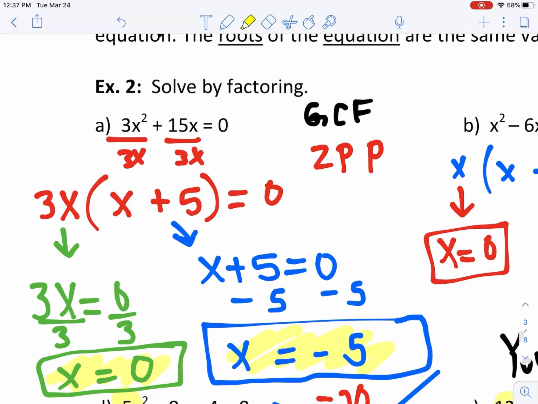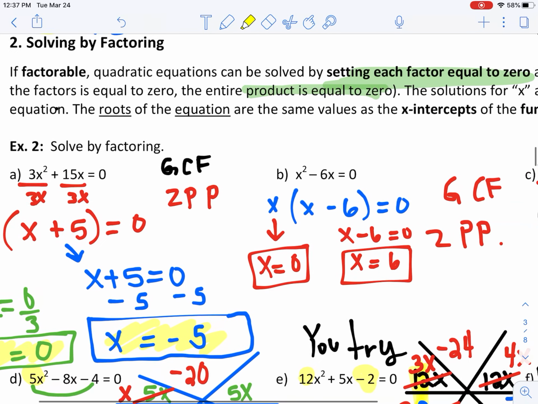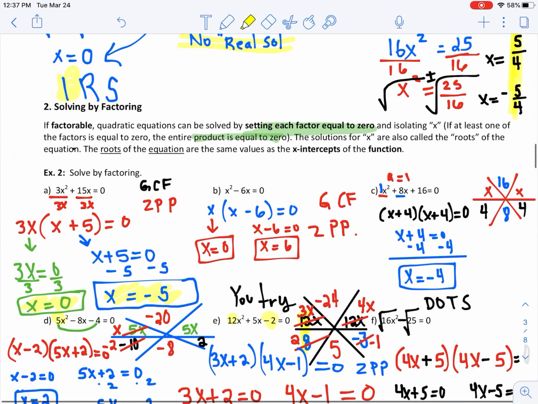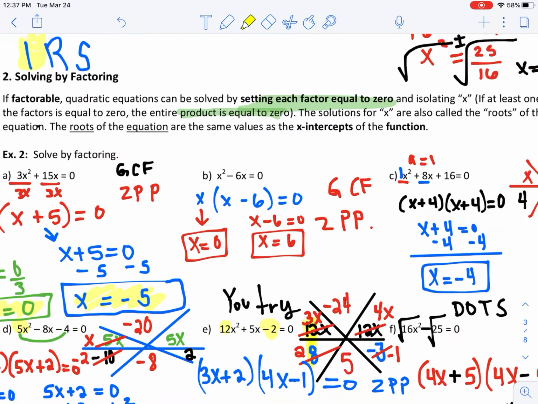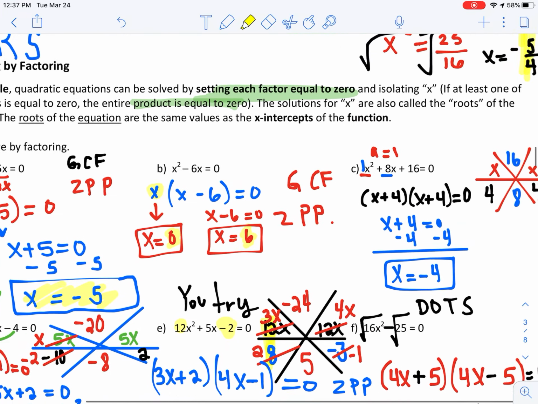This is an example when there are 2 solutions, just like above, because your only options are 2, none, or 1. This is another example where we took out the GCF as well. x squared minus 6x equals 0. We took out a GCF of x, then undistributed, and found our solutions at x equals 0 and x equals 6 by using the zero product property.